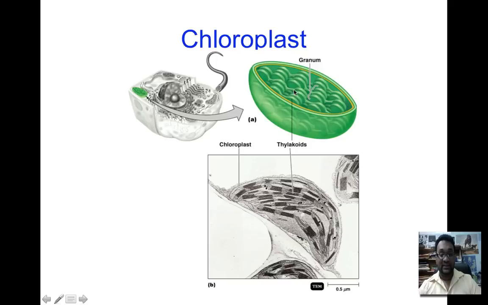It also contains DNA. So there are three organelles in the plant that contain DNA: the nucleus, the mitochondria, and now we know the chloroplast. Alright? And again, the endosymbiotic theory explains why we believe chloroplast has DNA and why it might have been originally a prokaryotic cell.